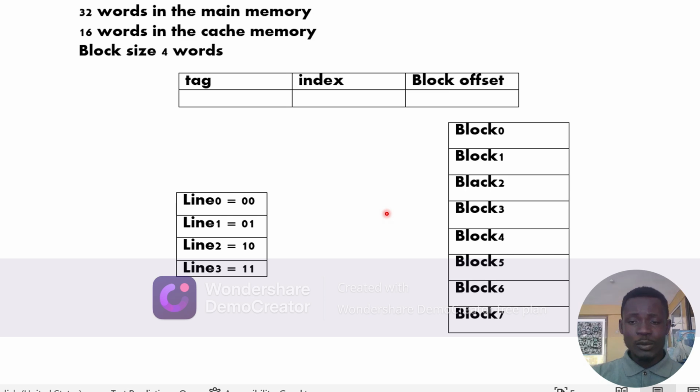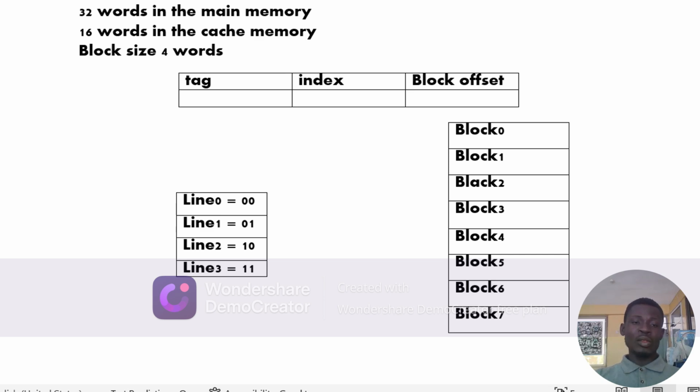So how will I know whether this block or this block is located on this line? This is how we are going to do it. We will go back to mathematics, where our modulo will work here. We will use modulo.